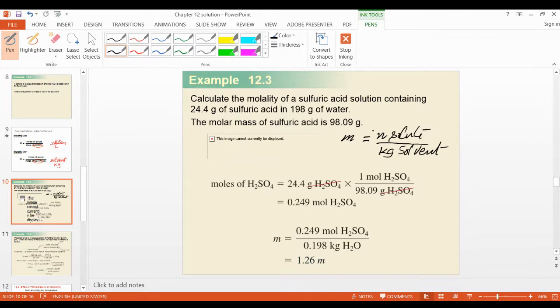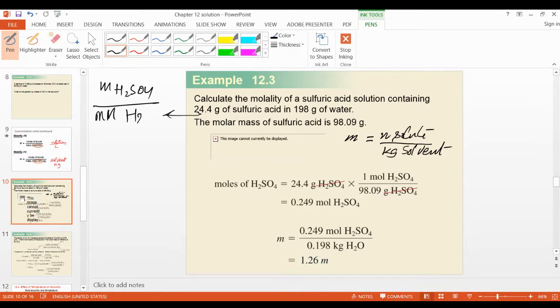What do you divide? Please give me a full answer. Divide the mass over the molar mass. Which mass? Mass of H2SO4. Mass of H2SO4 divided by molar mass of H2SO4, then you will get moles. Molar mass is given here, or if not given, you get it from the periodic table.